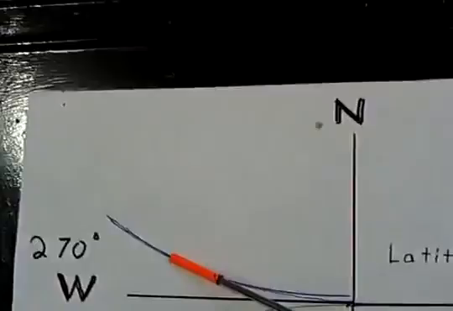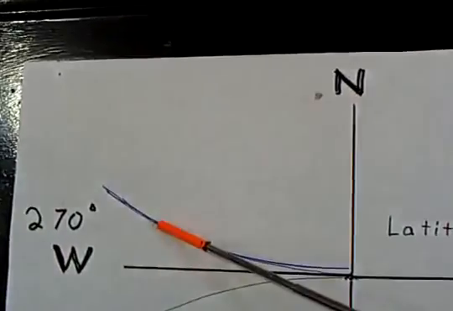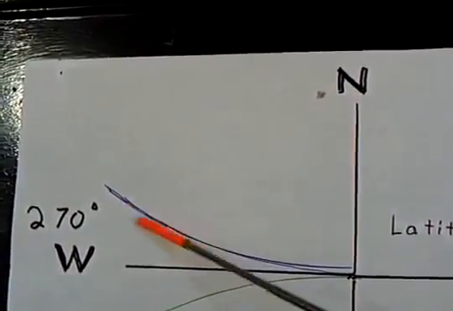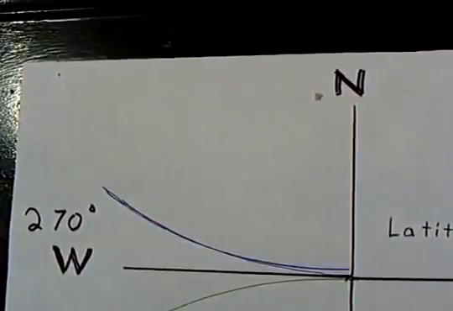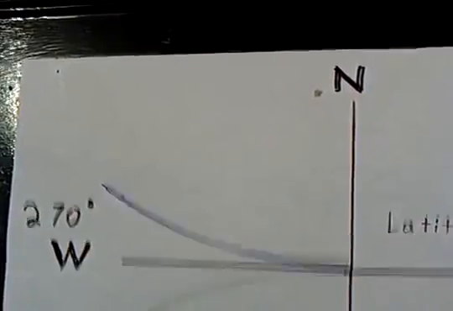But I think the real angle actually heads off in a northwesterly direction, the true angle of the latitude. That is on the flat Earth map, not on the globe map.